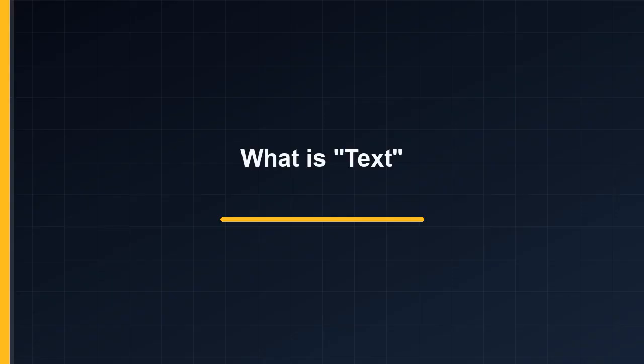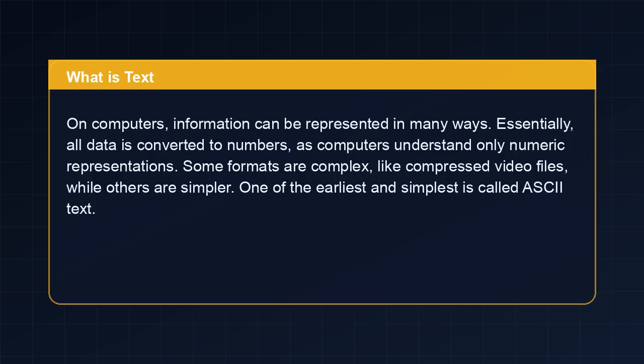What is text? On computers, information can be represented in many ways. Essentially, all data is converted to numbers, as computers only understand numeric representations. Some formats are complex, like compressed video files, while others are simpler. One of the earliest and simplest is called ASCII text.